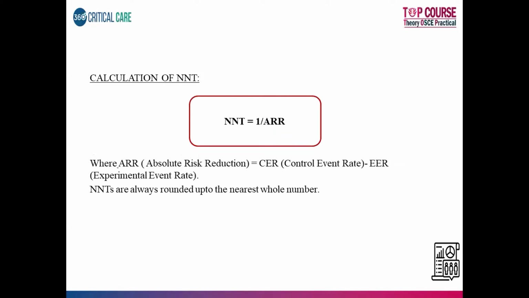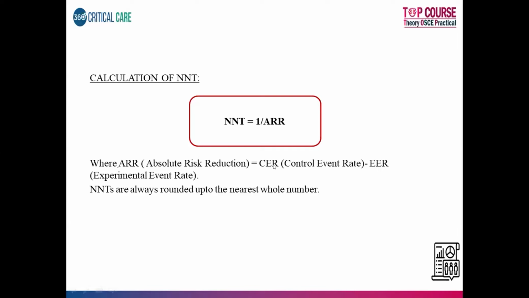Now, how to calculate this number needed to treat? It is calculated by 1 divided by absolute risk reduction. I think absolute risk reduction has already been explained to you in the previous class. So how do you calculate the absolute risk reduction? It is calculated by CER minus EER. What is CER?